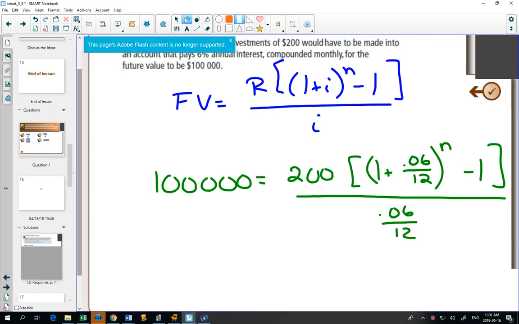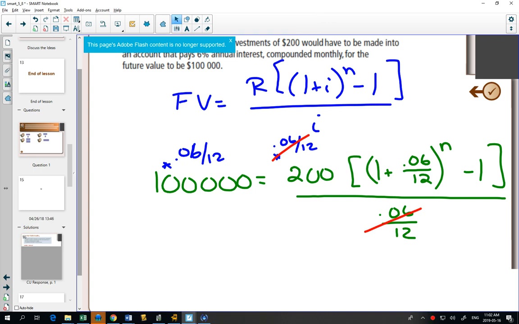N is in the exponent. We're going to need to solve for N using logarithms, but before we do that, just like before, let's simplify this equation so we get the power by itself. Right now, I'm dividing by 0.06 divided by 12. I'm going to then multiply both sides of my equation to get rid of that fraction.